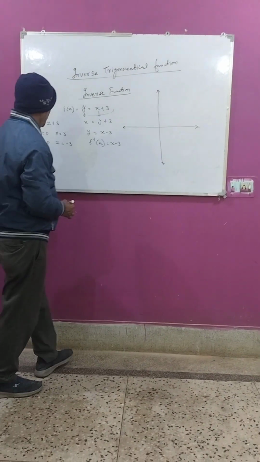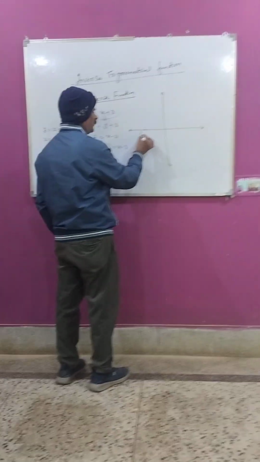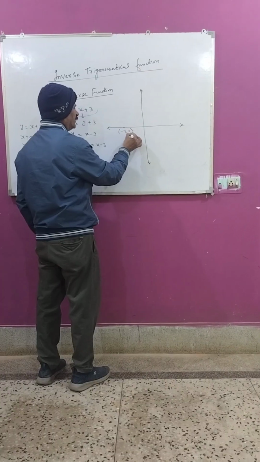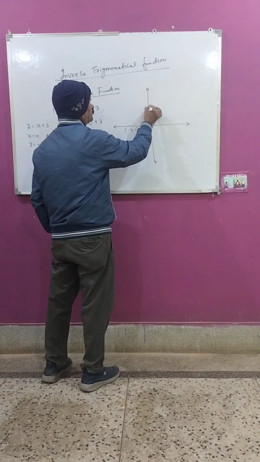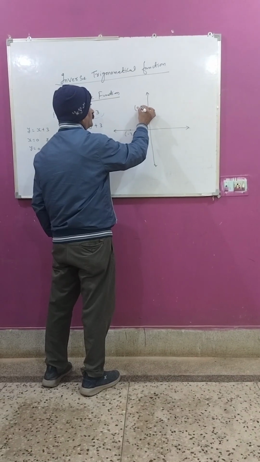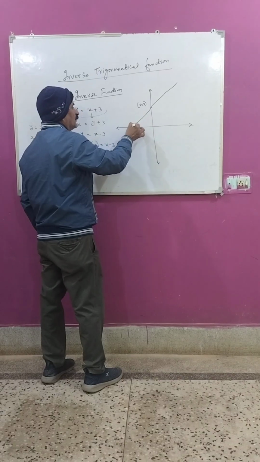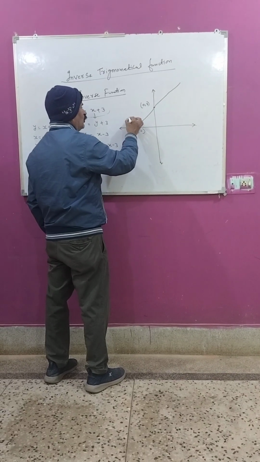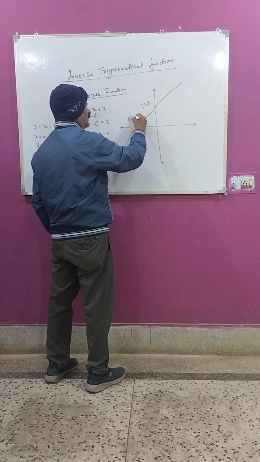So the points are minus 3 comma 0 on the x-axis, and 0 comma 3 on the y-axis. If we join these two points, this is the graph of f(x) equals x plus 3.